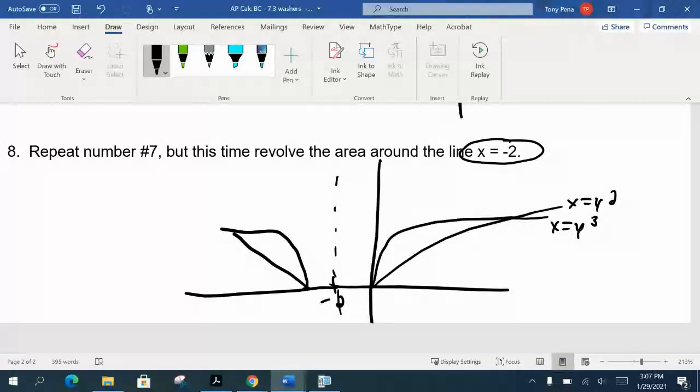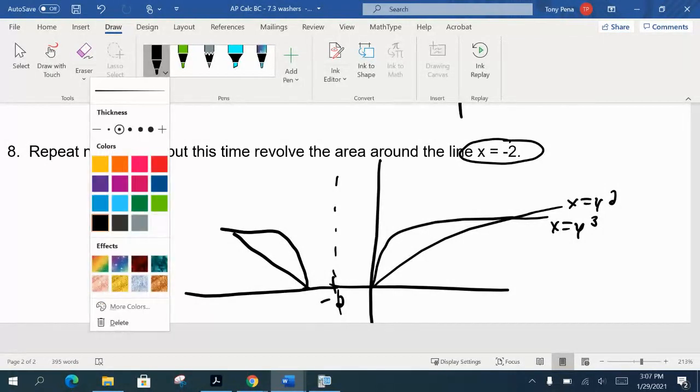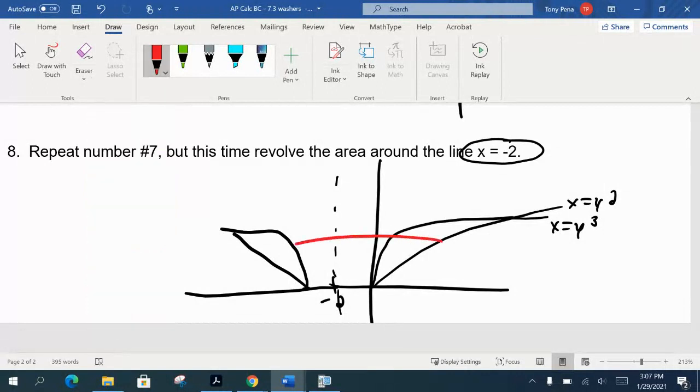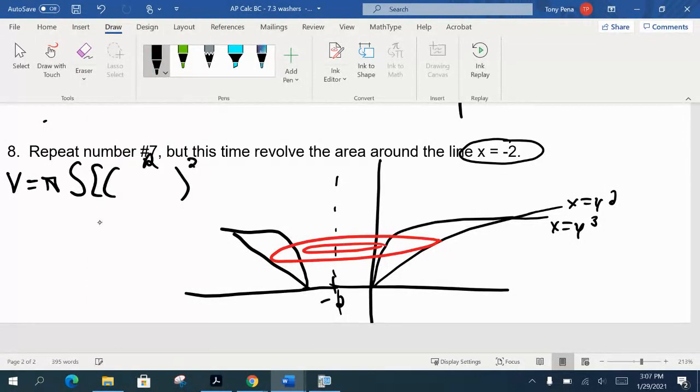That rotation around a vertical line is creating horizontal circles. So we'll draw that in. And there's our washer. So we go to set that up. My guess is you could probably do this on your own at this point, so go ahead.